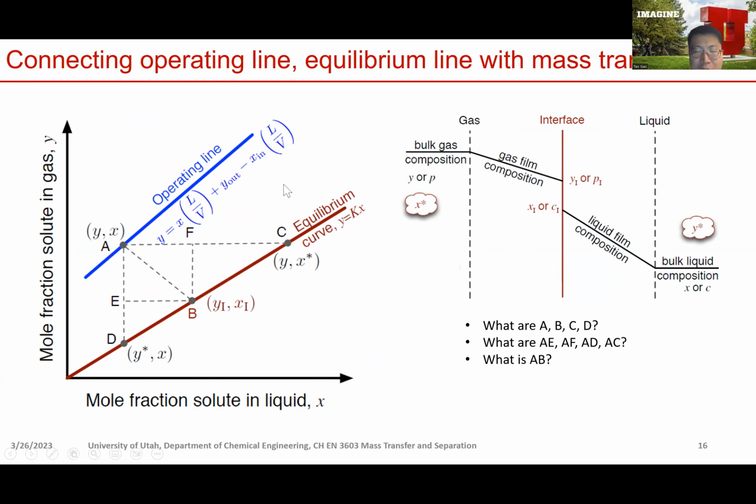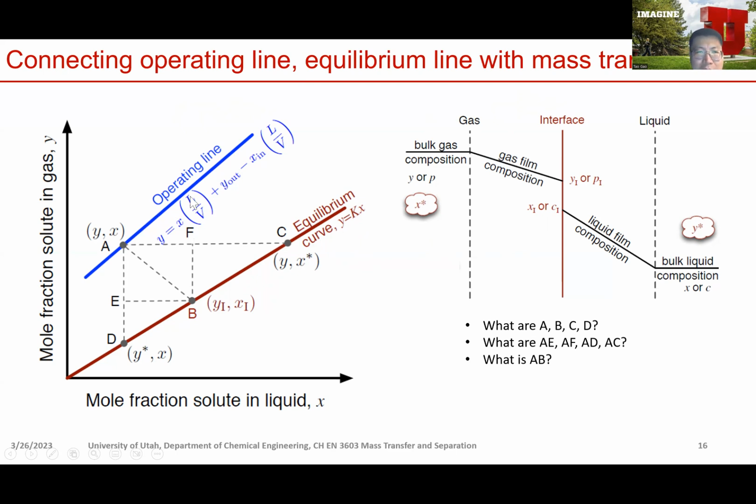To understand it, let's look at some of the points and lines on this graph. We already talked about the blue line: the blue line is the operating line, and the red line is the equilibrium line. There are a couple of points on this figure. What do A, B, C, D mean?